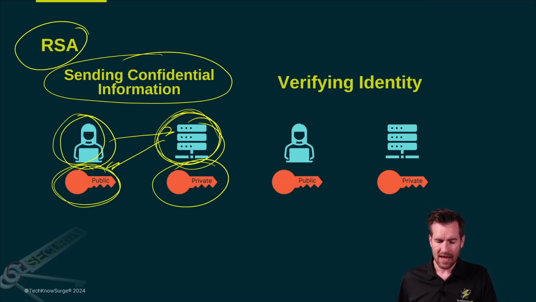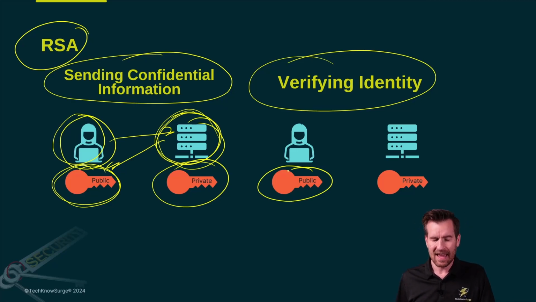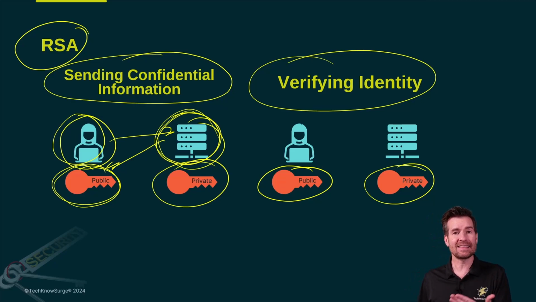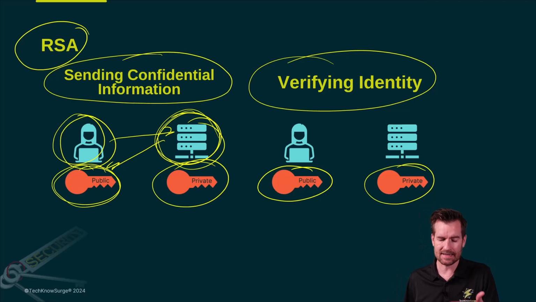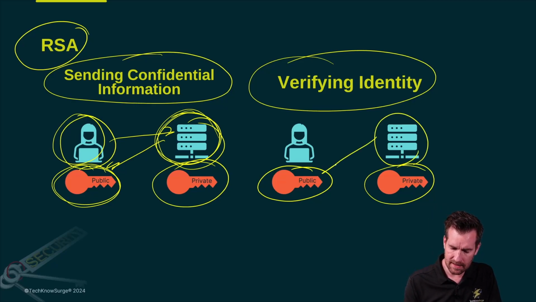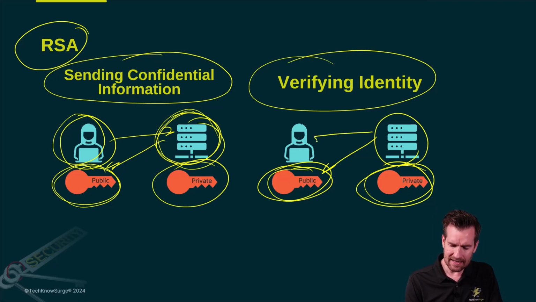So that's pretty cool. The other thing that it can do is verify identity. It can verify that whatever this public key is, it is associated with a certain private key. That in itself doesn't necessarily confirm who somebody is, and doesn't necessarily confirm authenticity, but it helps in this process. So what we can do is have this web server give this user its public key, and then it can encrypt data using its private key and send it to this user.